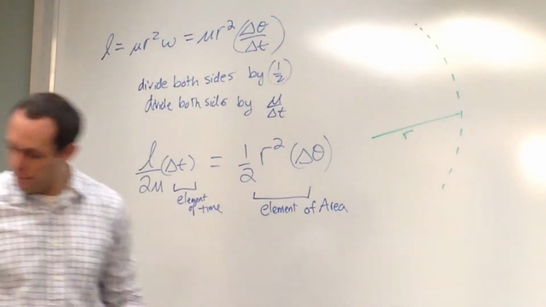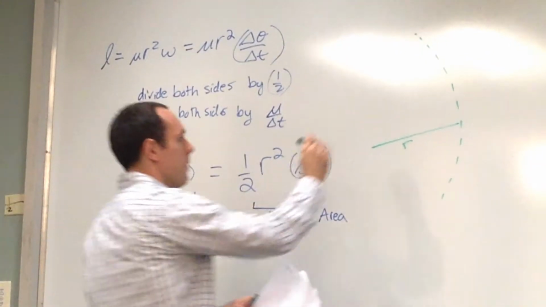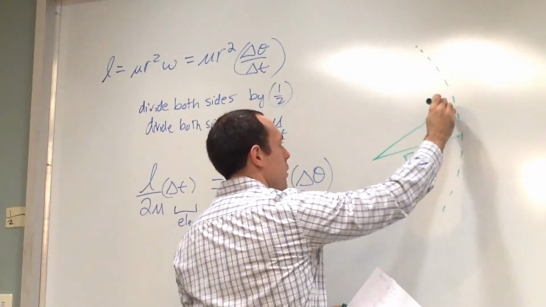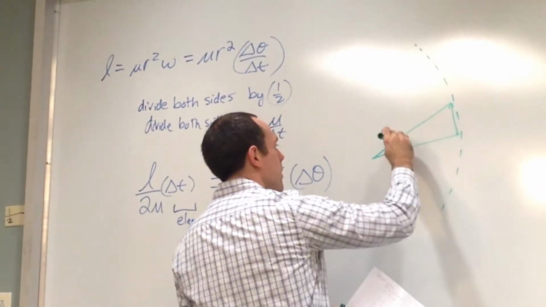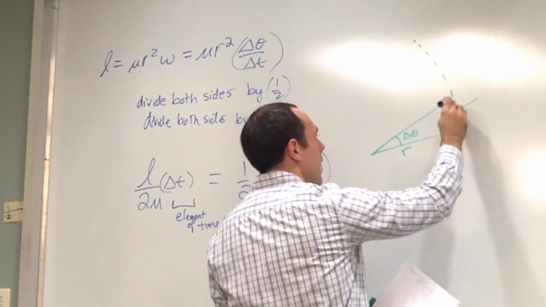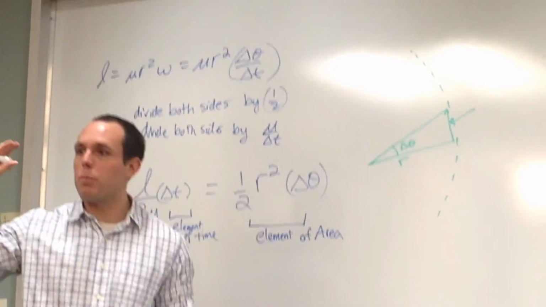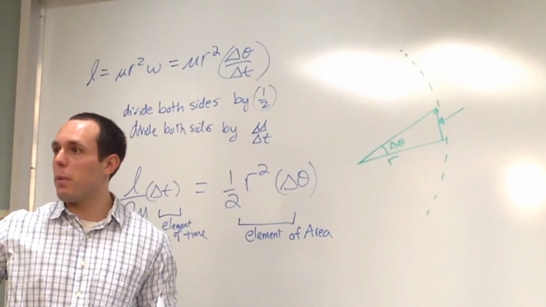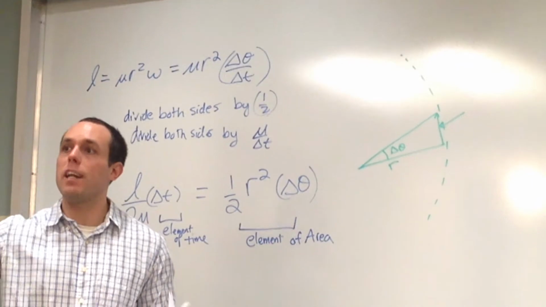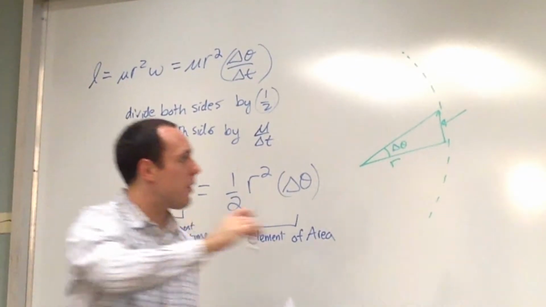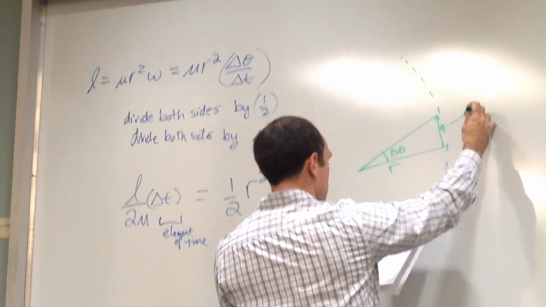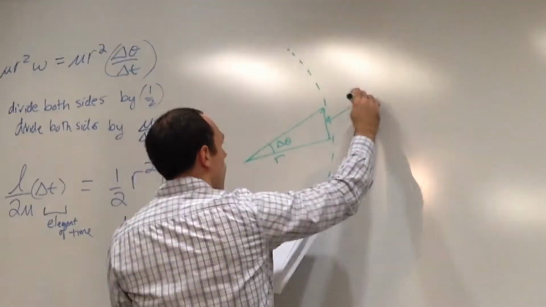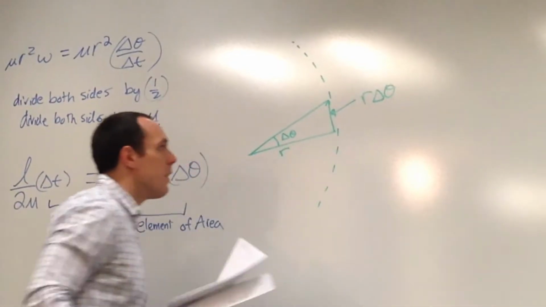Here's R. Here's a new vector. This is the change in theta. And if we make this line small and small and small enough, whereas a circle can be approximated as infinitely small straight lines just changing in direction, then this line right here is just going to be R times the change in theta.